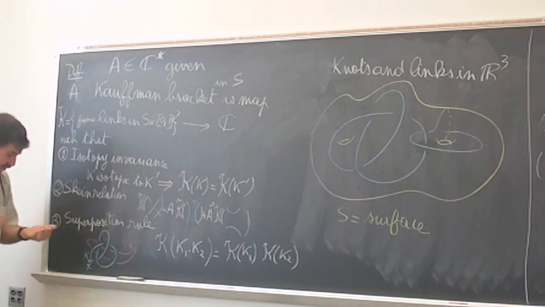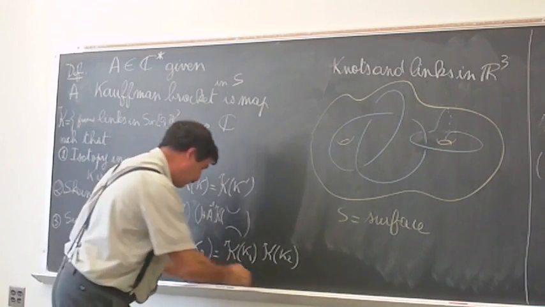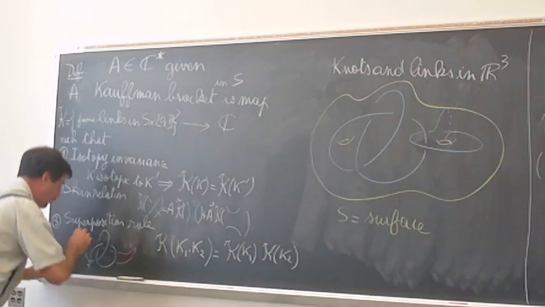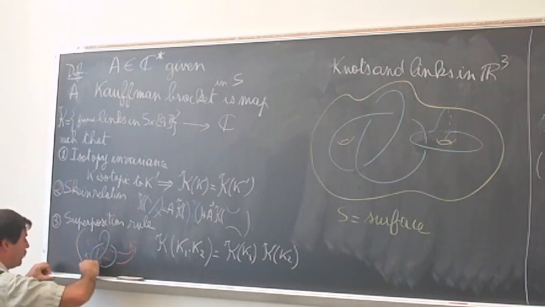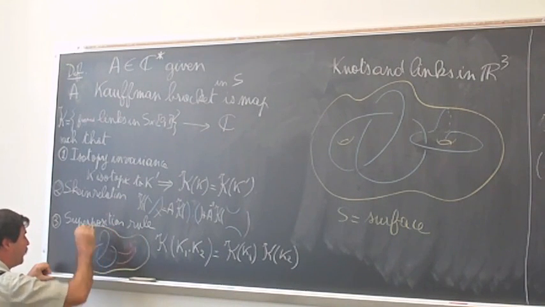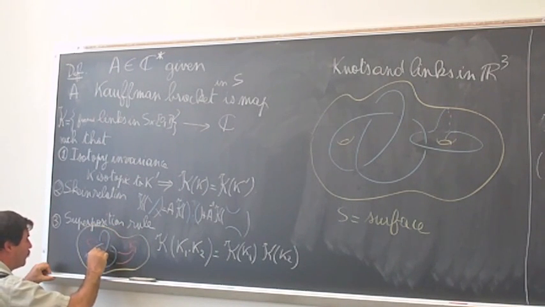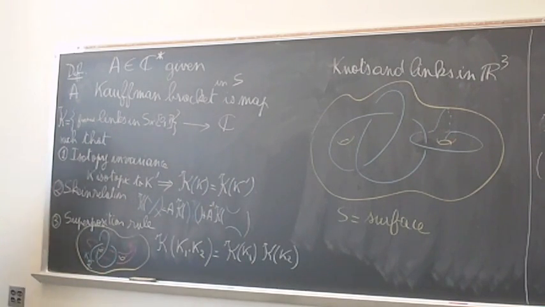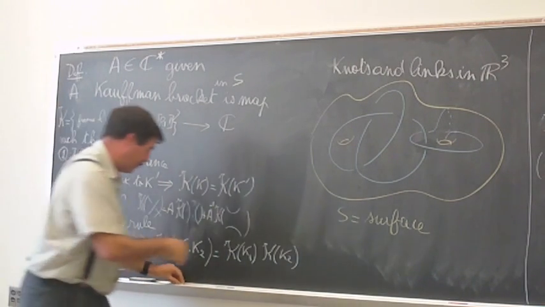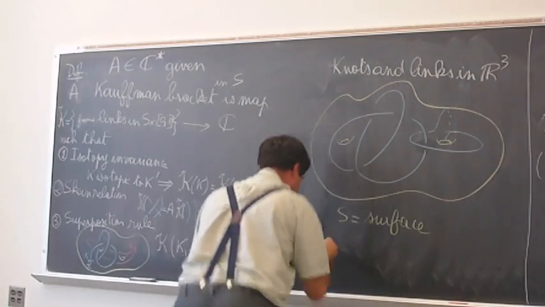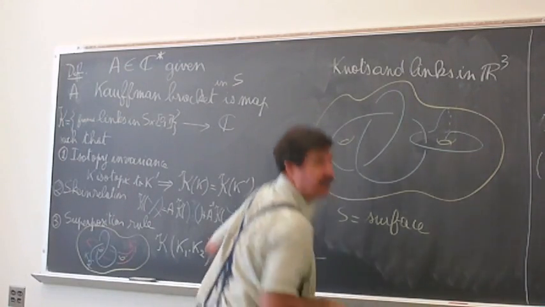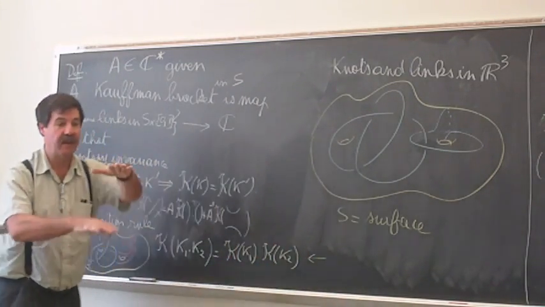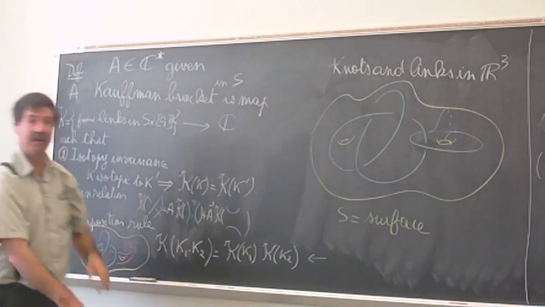And the superposition rule, look, my surfaces tend to be yellow. My superposition rule makes perfect sense for knots on the surface like this. The main idea for the superposition rule is that you write, so that was your question about whether one is way below the other one.